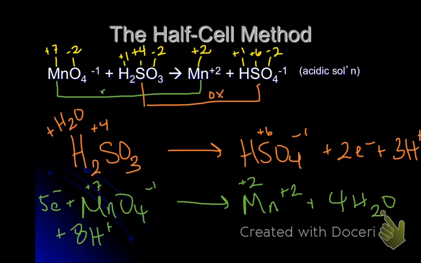Okay, so now we can multiply by whole numbers. So what do I need to do to get my electrons to be the same coming and going? The top needs to be multiplied by 5. That gives me 10. I'm trying to show this in parentheses, but I'm running out of space.